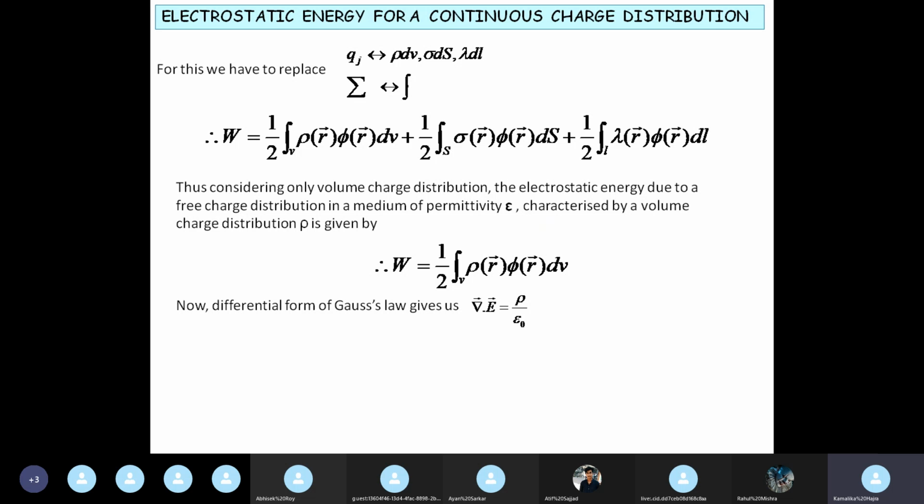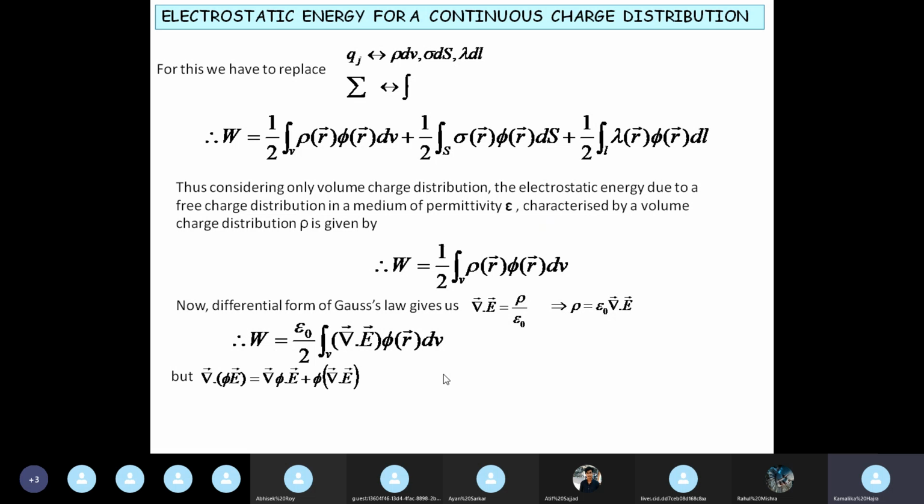Now we want to simplify this expression to get the final expression of energy, and we recall that the differential form of Gauss's law gives us divergence of E equal to rho by epsilon naught, which means rho is equal to epsilon naught divergence E. So we replace rho here by this expression, and W becomes epsilon naught by 2 integral of divergence of E times phi dv.